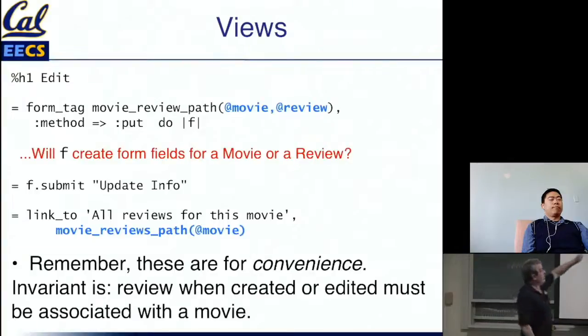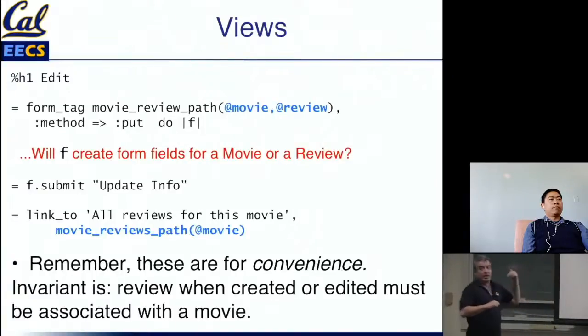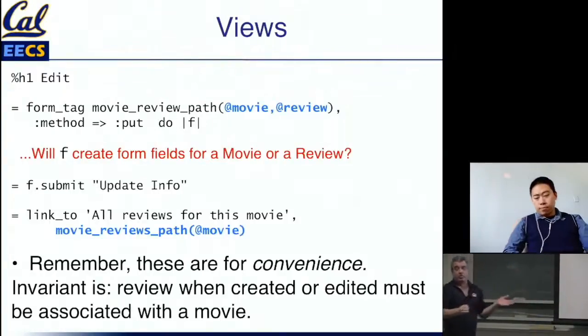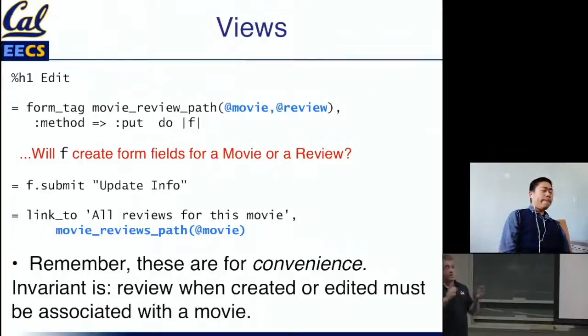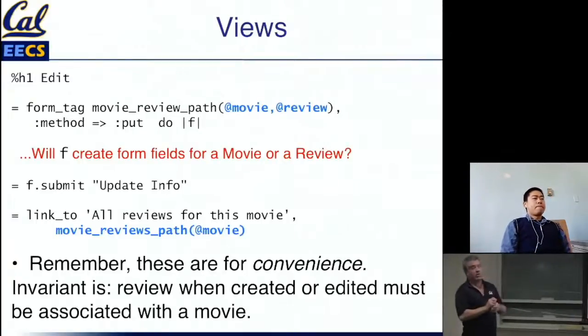Right? So if we have a movie review path, then it implies that there's two resources in question here. The primary one is the review itself, but the owning resource, the movie, is the one that we want to keep in the URI, to be able to keep passing its ID around. So the form tag helpers, the same way that you use them for doing basic operations on a simple resource, are extended here. You just need to pass them the additional argument.